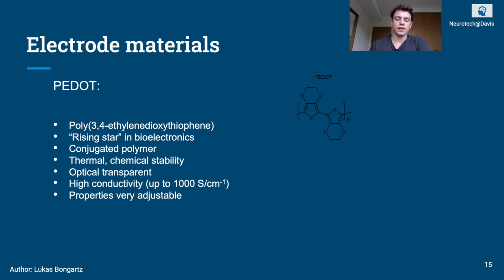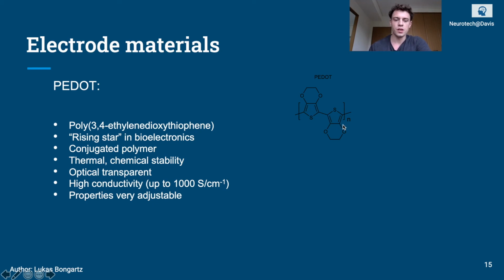PEDOT can be considered as a rising star in the bioelectronic business, and it belongs to the general class of conjugated polymers. What this means is that we have alternating single and double bonds in the polymer, as you can see here.